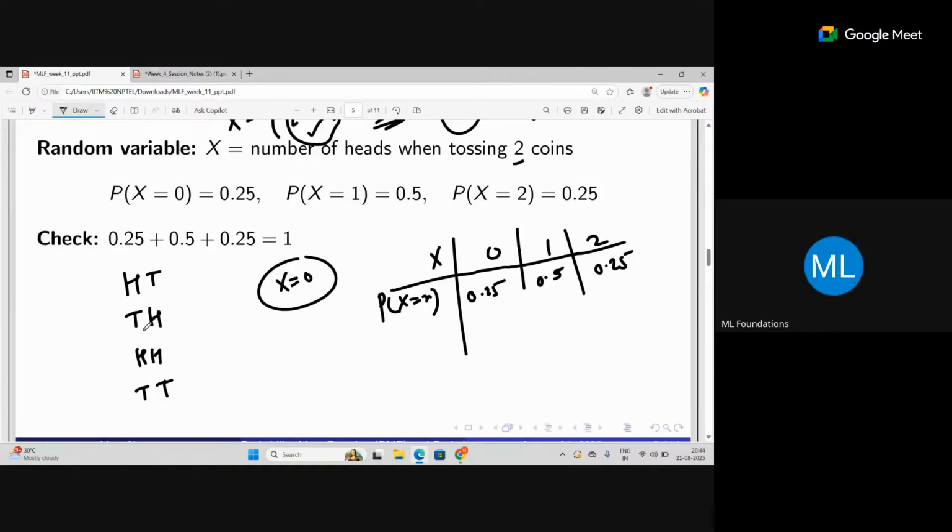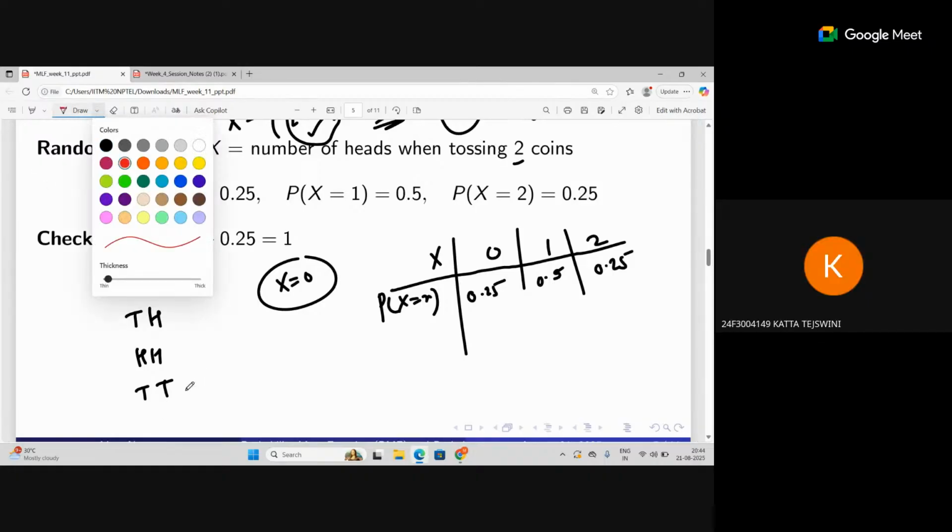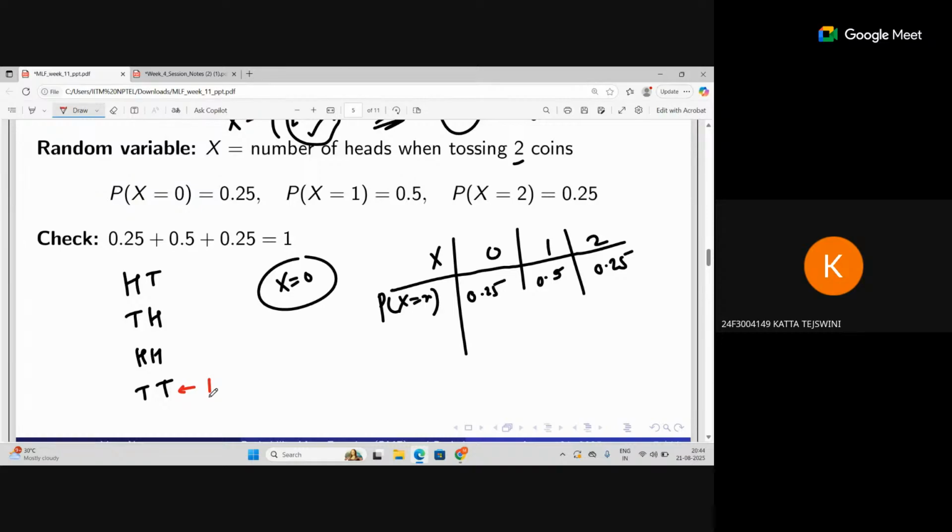How many of these outcomes have no heads? One outcome, TT, and the probability of x equal to 0 is 1 by 4, because out of these 4 outcomes it is happening one time.